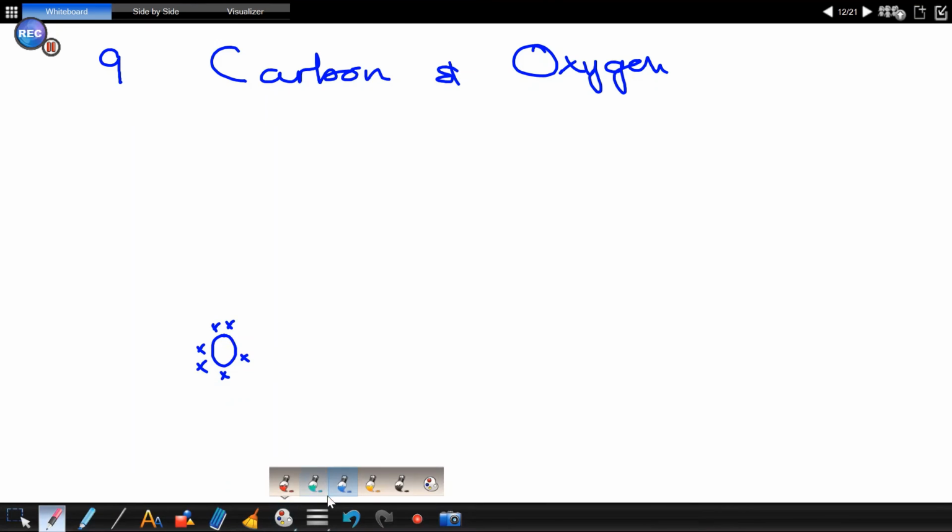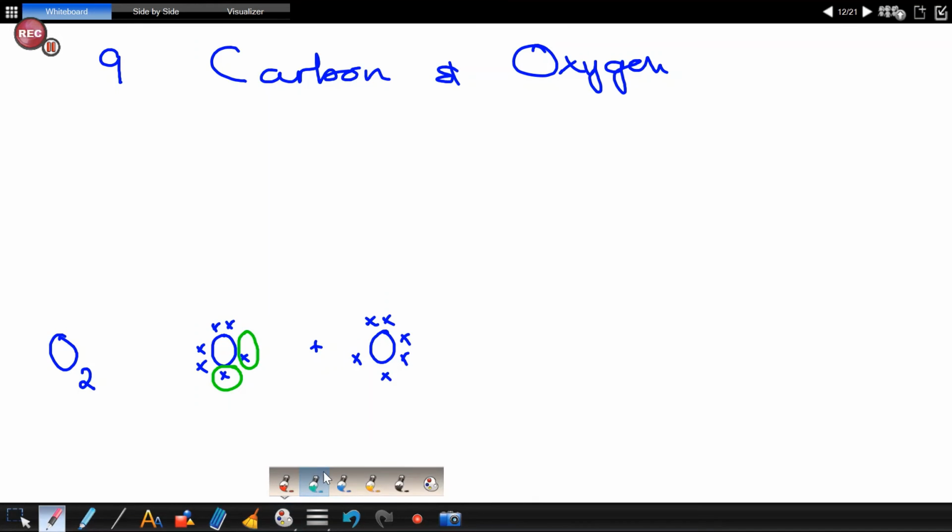So I'm going to put the 6 electrons down, and I'm going to show myself that there you can have a sharing and there you can have a sharing. But now oxygen, we used to teach you that oxygen is diatomic. It means that one oxygen atom formed a bond with another oxygen atom. So if you have two oxygen atoms, how many bonds can they form?